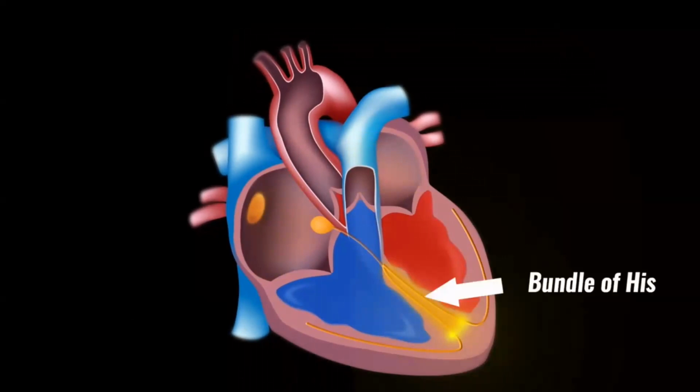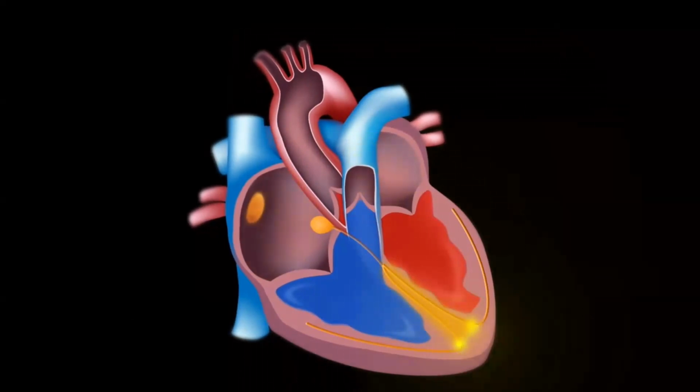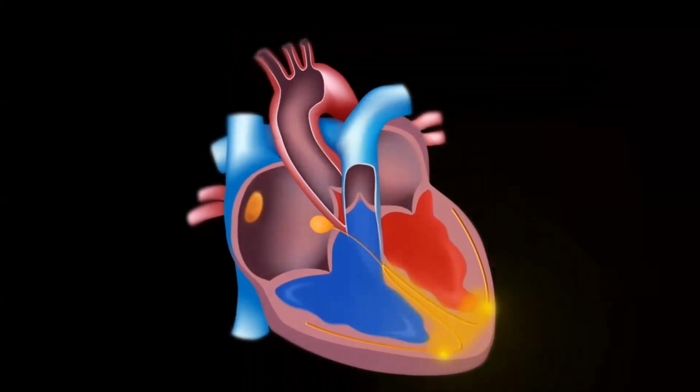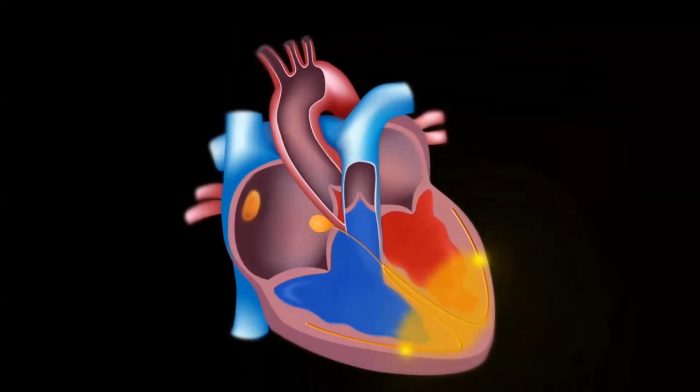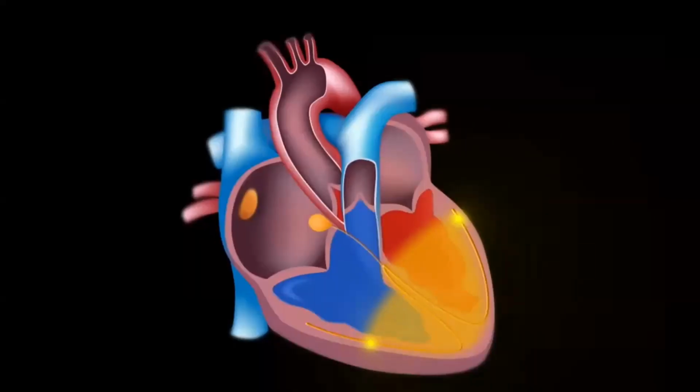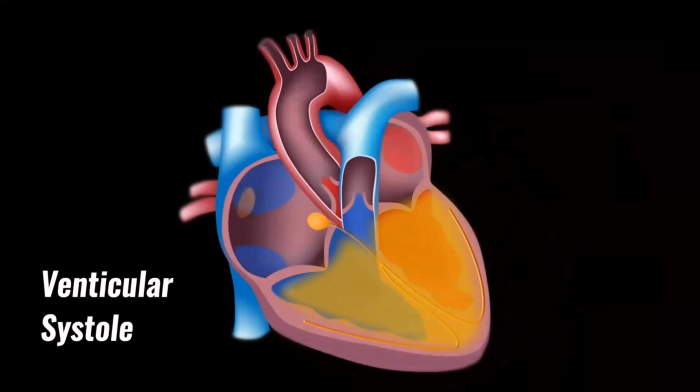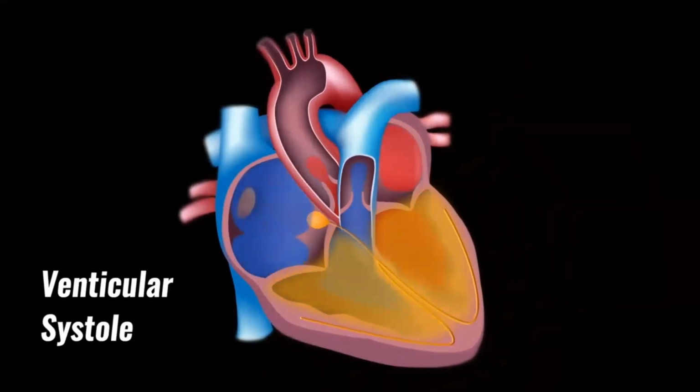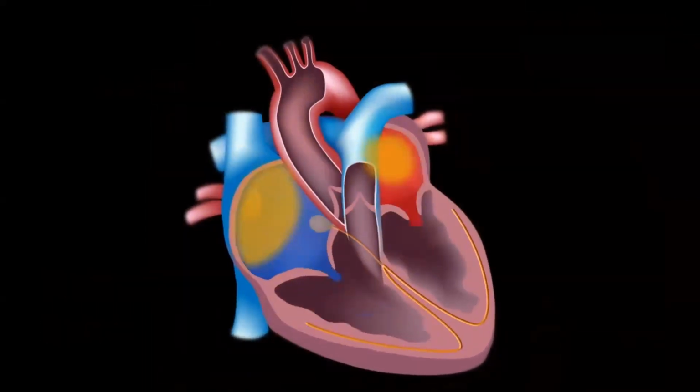Specialized nerve tissues, called the bundle of His, conduct the impulse through the septum to the tip of the ventricles. The impulse is then passed on to smaller branches that spread through the wall of the ventricles and eventually reaches the Purkinje fibers. The Purkinje fibers conduct the impulse to the ventricles, causing ventricular systole, pumping blood out of the aorta and around the body.